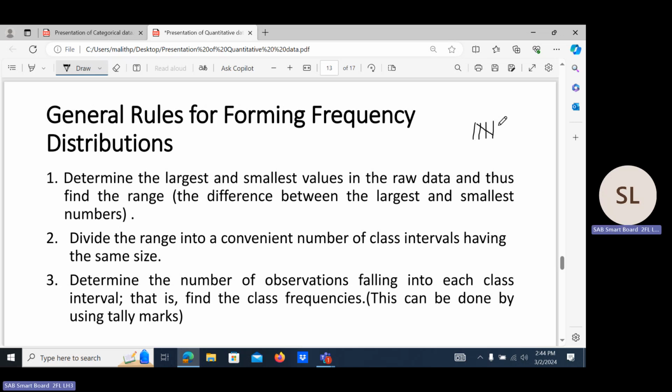Then based on this value, we can write the class limits in each class interval. Then we need to calculate the frequency. How to get the frequency value? Using the tally marks.